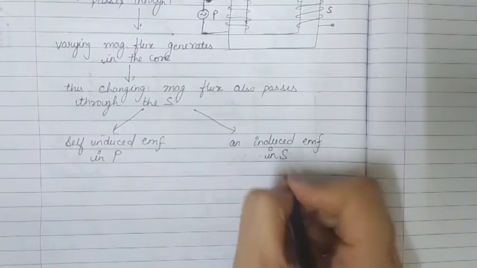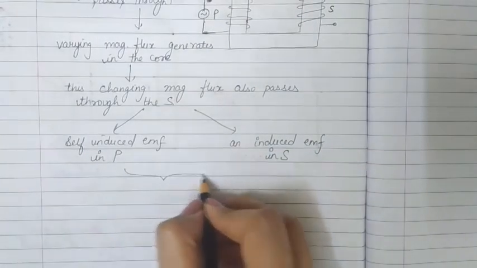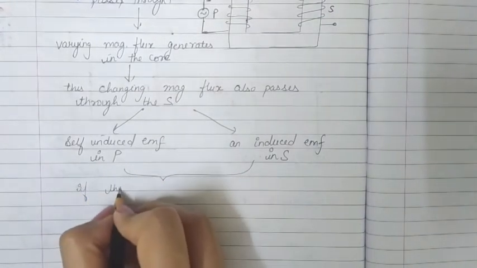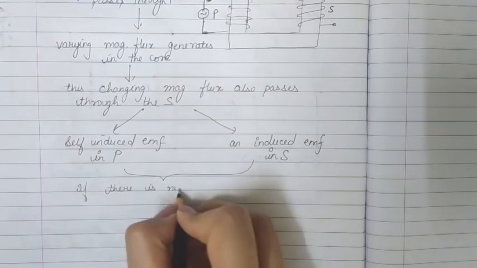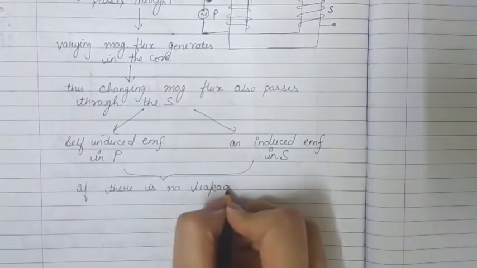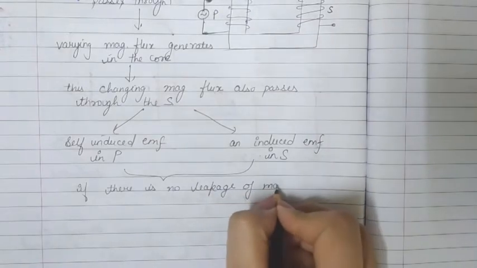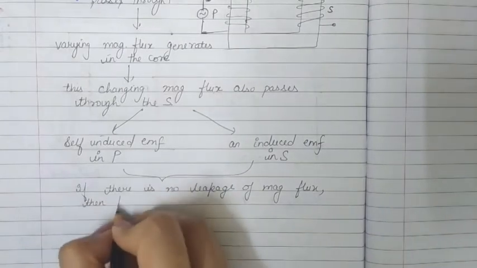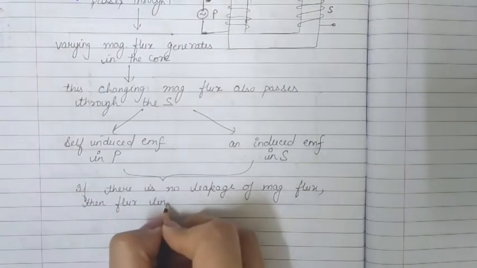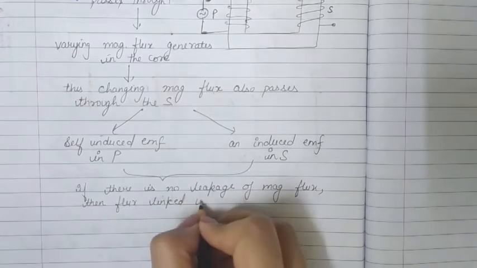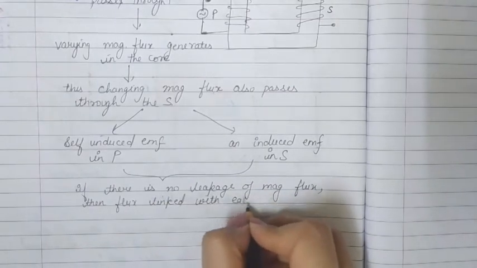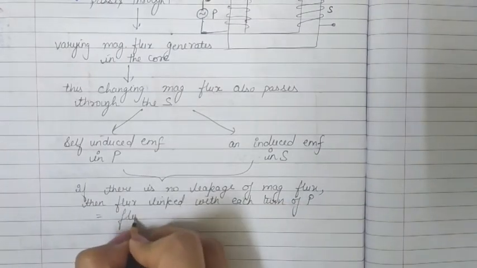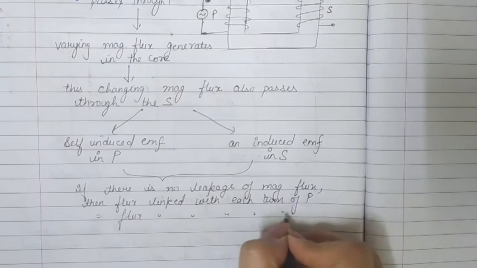And the reason for this is that if there is no leakage of magnetic flux, then the flux linked with each turn of the primary coil is equal to the flux linked with each turn of the secondary coil.